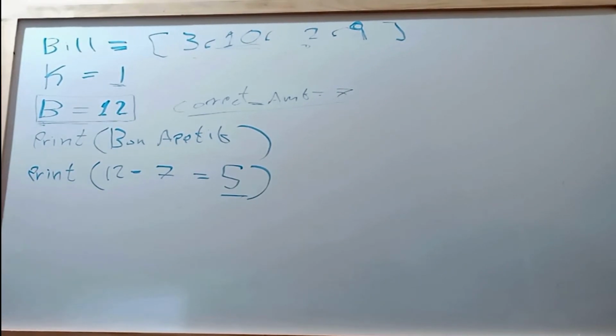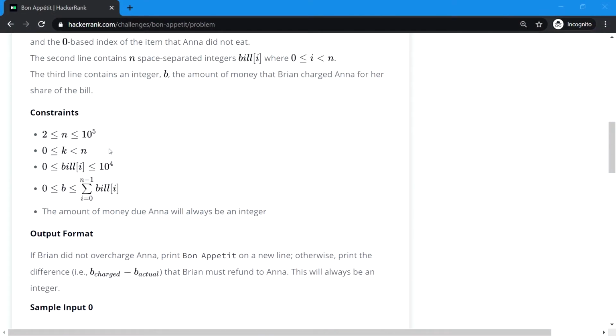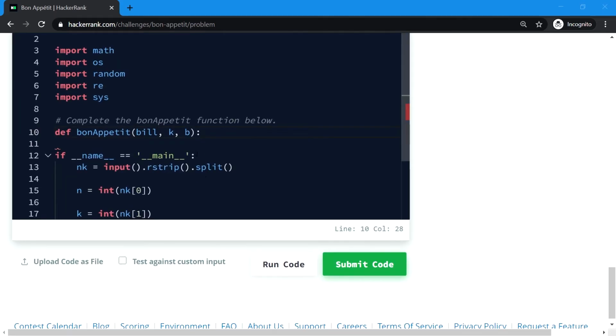Hope this is clear. So let's jump into the screen and solve this. Here we are on the desktop. The first thing we want to find out is the correct amount that Anna should pay.